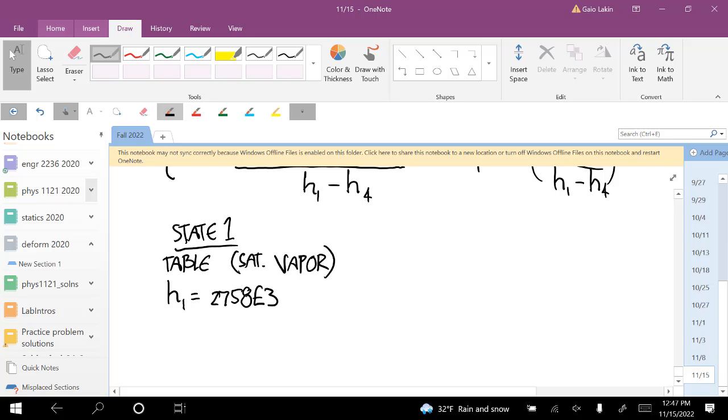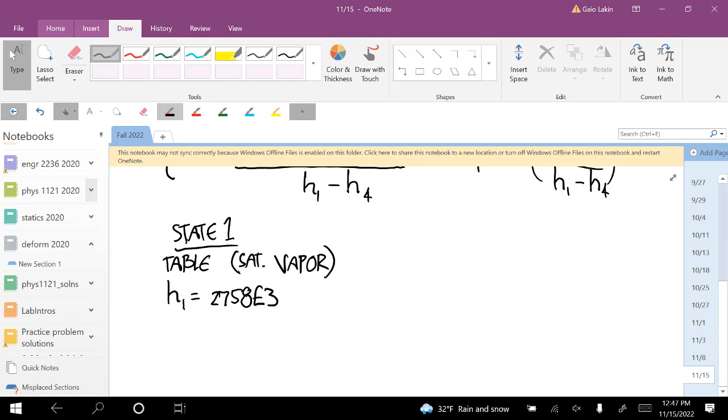And also, since the process from state 1 to state 2 is isentropic, it'll be helpful to know the entropy at state 1, because then we know that's the entropy in state 2 also, and we can use that to calculate the quality.